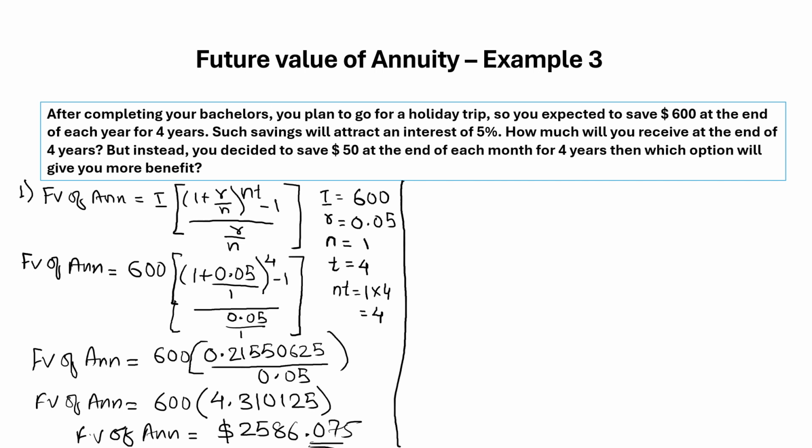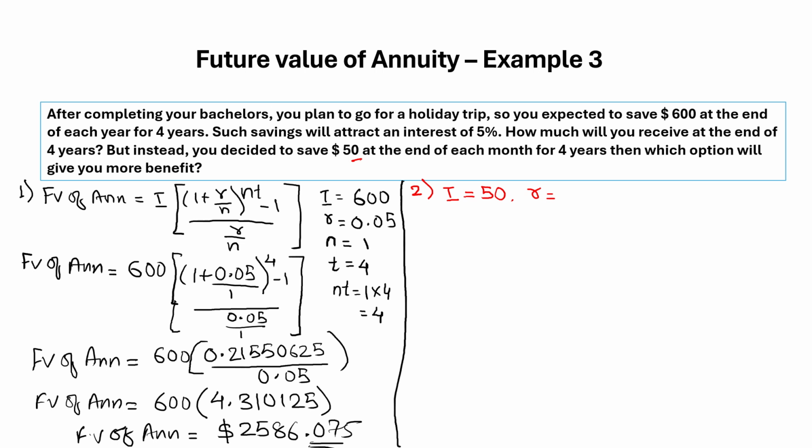Now we will do it with option 2. So here we are calculating option 2. Again, the formula is same. So future value of annuity, we'll write here what is my I. I in the second option is 50. What is R?